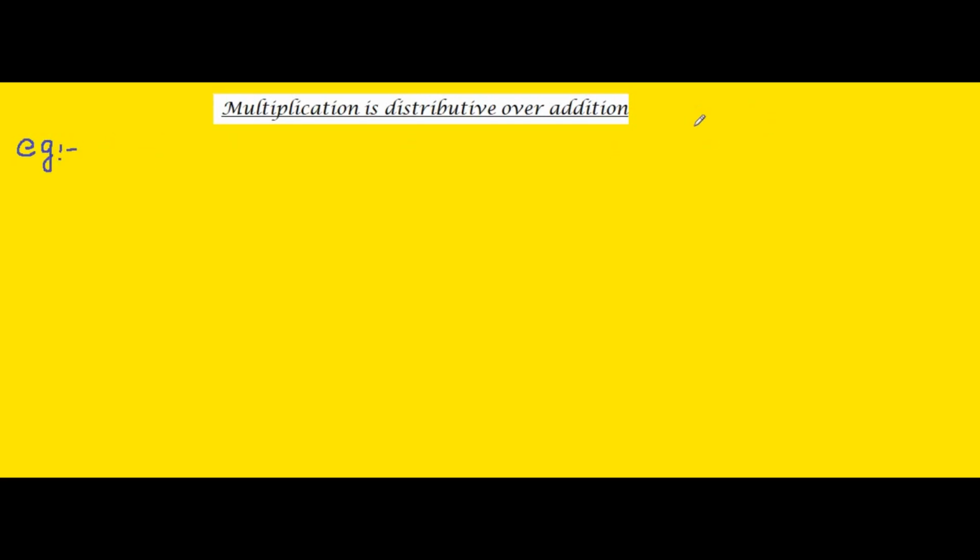Distributive property, that you know, is: if it is a times (b plus c), then you can distribute a over b and c, and you can rewrite it as a times b plus a times c. So here I am going to take one example.